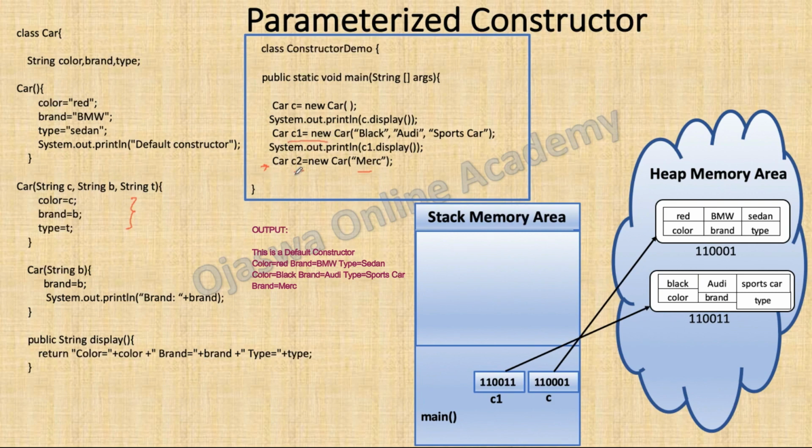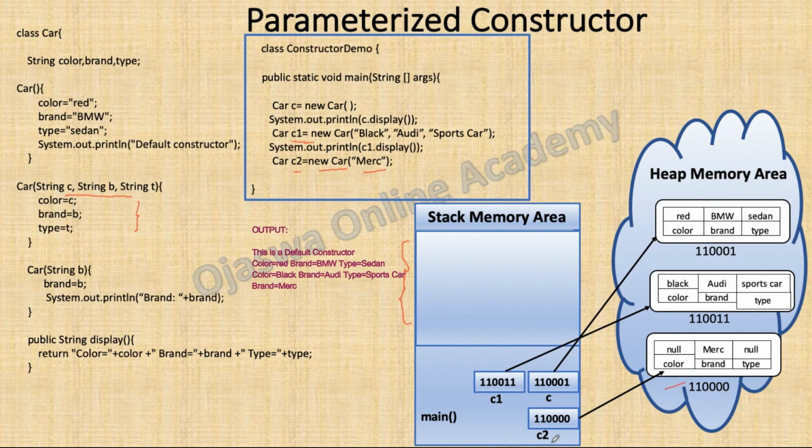We are creating one more object, that is C2, Car C2 equal to new Car, and we are passing one string parameter. Now the interpreter will check for the constructor having one parameter of type string. So the object is created on the heap and reference variable C2 is created on the stack.